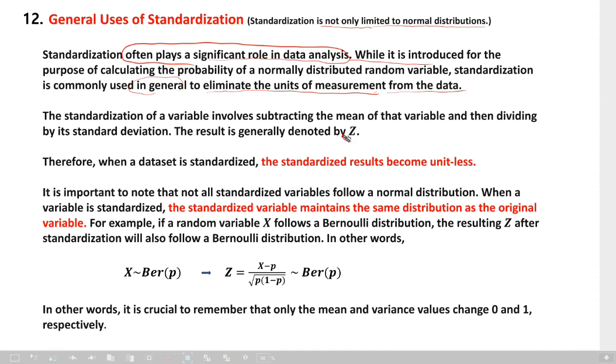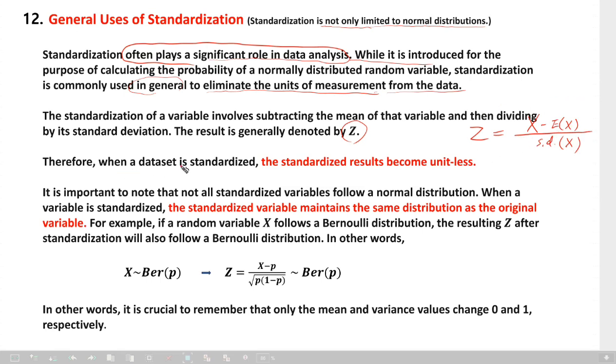We usually denote it by G. G is a standardized variable. What is G equal to? We have a data or random variable x minus its mean, E of x, divided by its standard deviation of x. So this is the form of standardization.